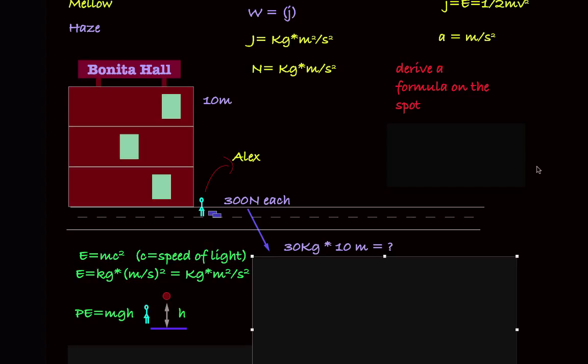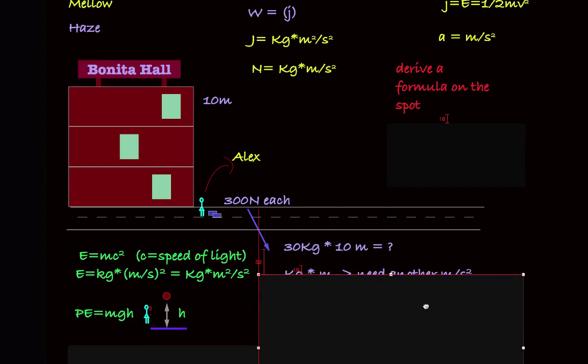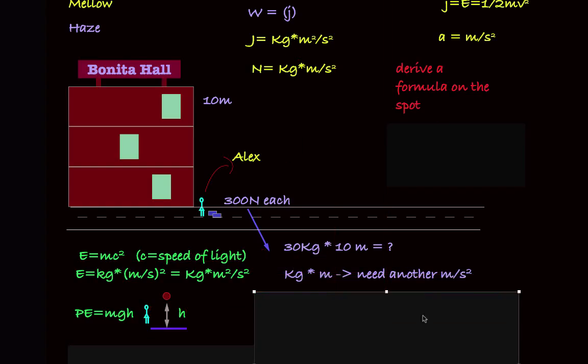So we may even know that work is equal to force times distance, but in this case, we have no force to work with. So in case we didn't remember and didn't put together what the missing elements were, we could still use unit analysis to do the same kind of approach. So we have kilograms times meters.